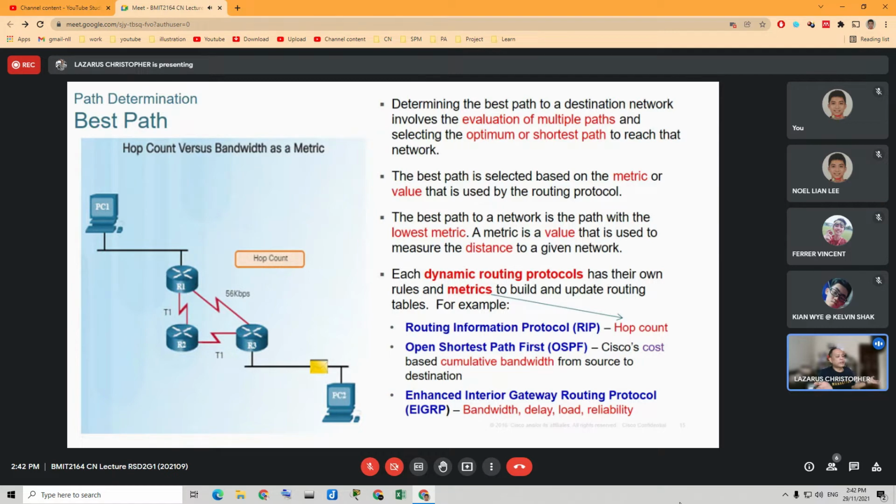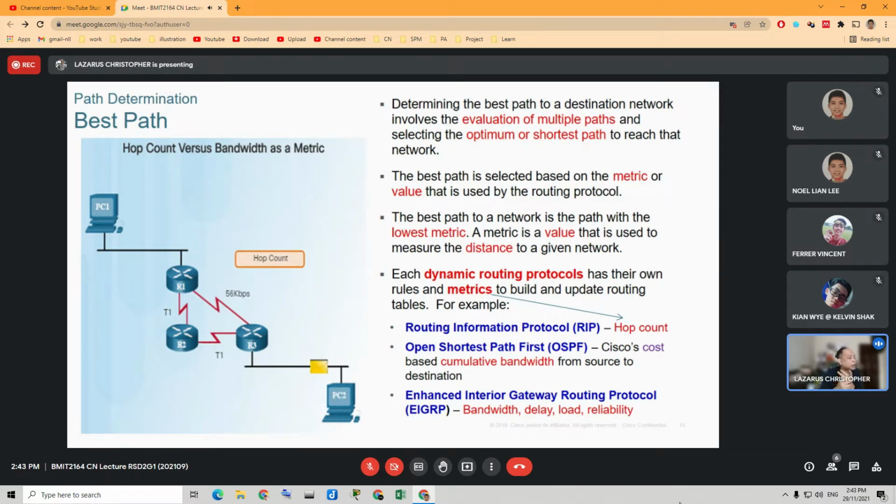Maybe Noel, Farah and Kelvin, when face to face, you have to drive to campus. Depending on your own preference, what will be the best road to take? Maybe Noel says, with the less jam. Farah maybe the shortest path: I don't mind jam, but I don't want to drive too long.